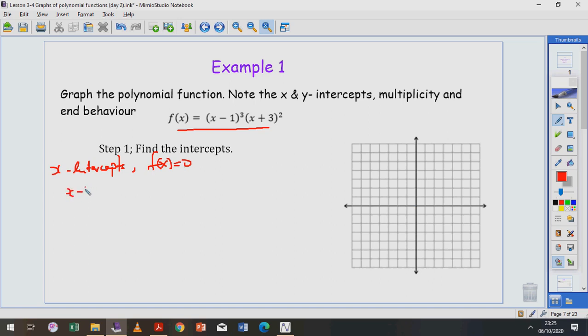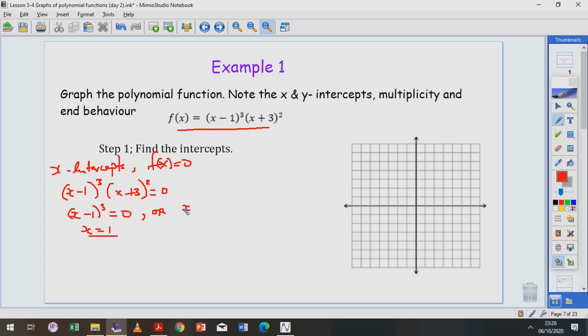If I set (x minus 1) cubed, (x plus 3) squared equal to 0, then I'll just be solving for each of these parentheses using the zero property. So I'll see that either (x minus 1) cubed is equal to 0, which will give me x is equal to 1. You can work it out.